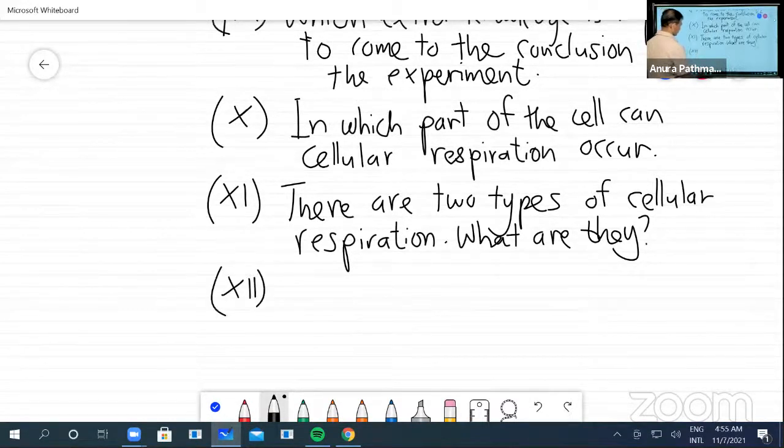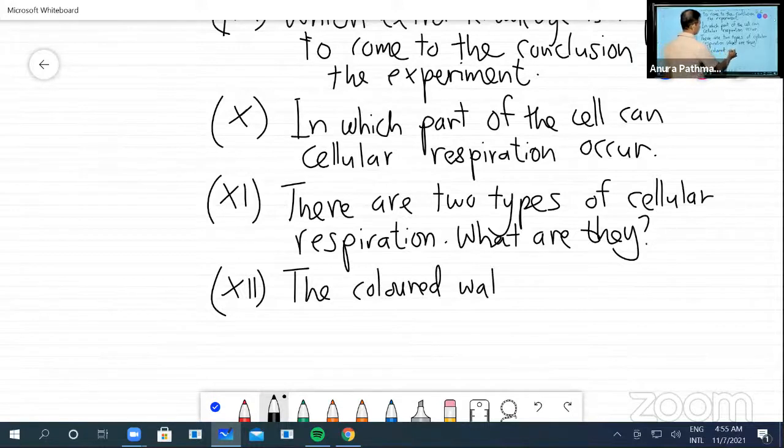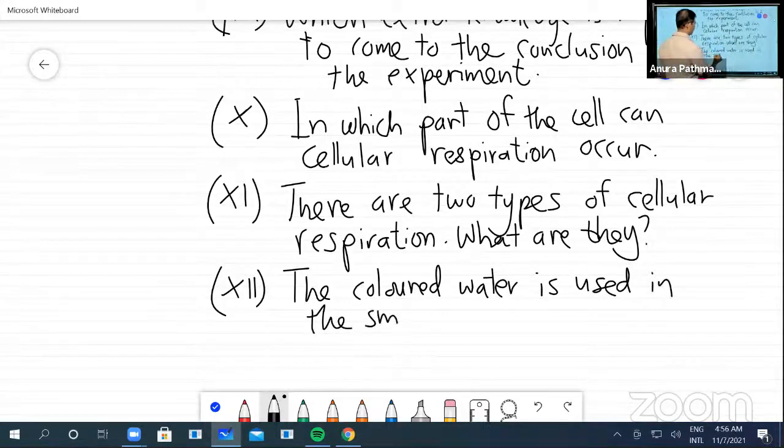Next. Colored water is used in the small container.